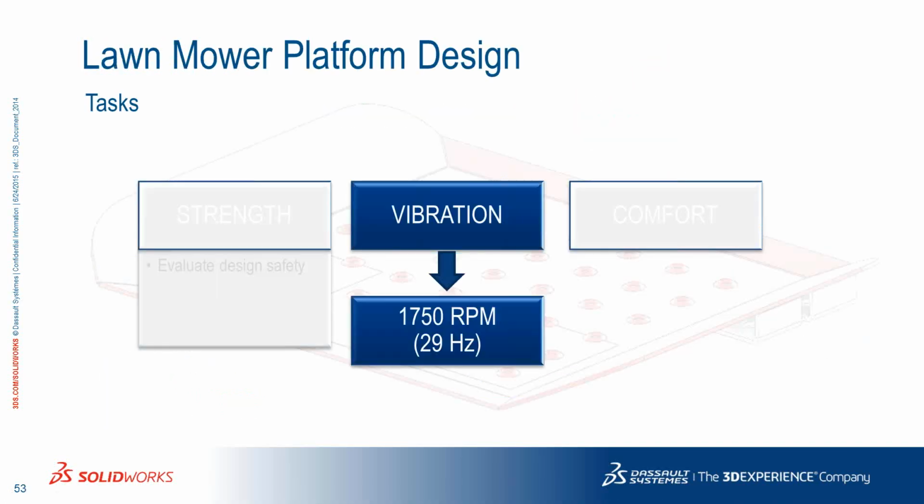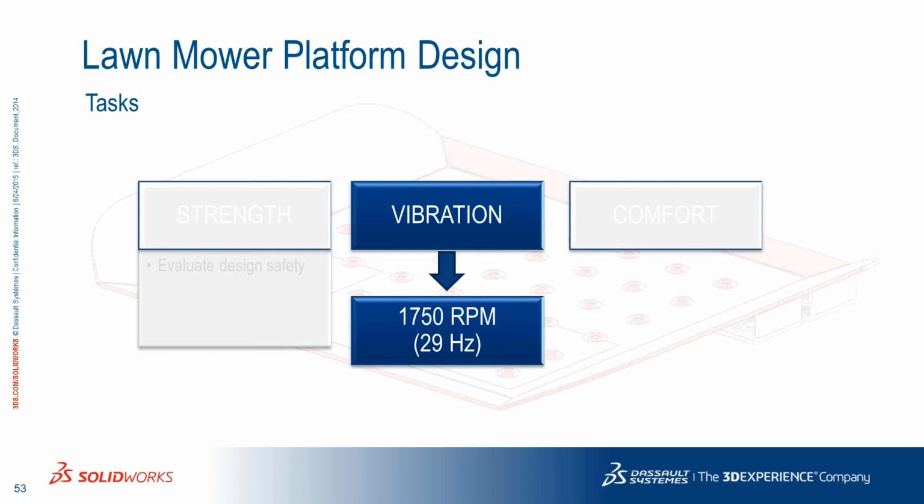All right, so we did a strength test. We took a quick look at the frequency or vibration testing, and we saw the natural frequencies at about 27 hertz. That's the first natural frequency. But remember, we do have a motor sitting inside the lawnmower, and that motor is rotating at a certain RPM.